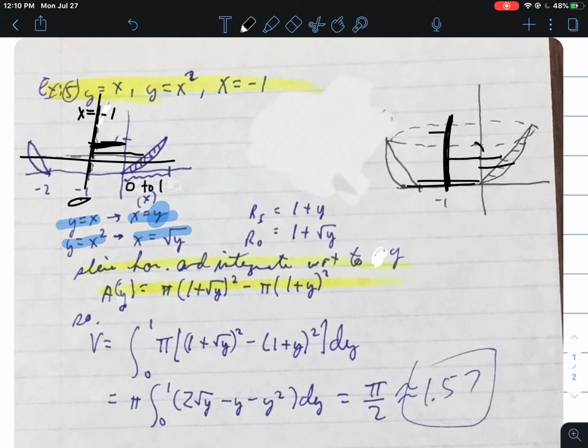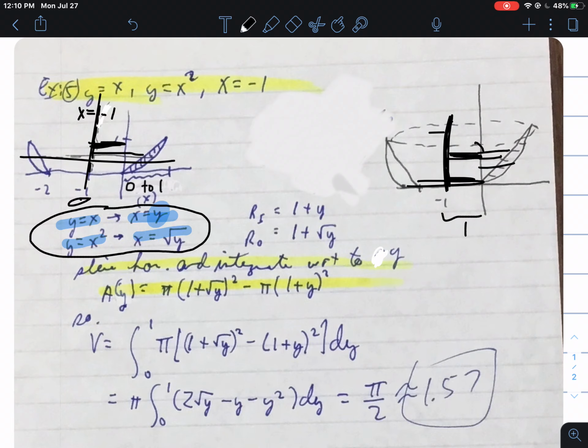I also need this distance. So what's the distance from my axis of rotation to the x-axis? All right, it's this distance, which is 1. Not -1, right, because we're talking distance here. And distance is always positive. So that distance is 1 unit plus whatever those pieces were. And that's what we defined here.